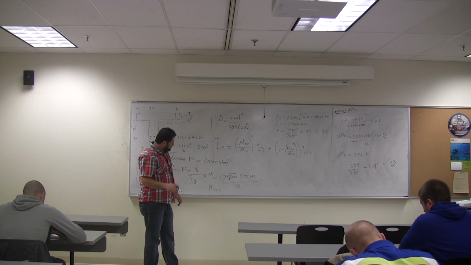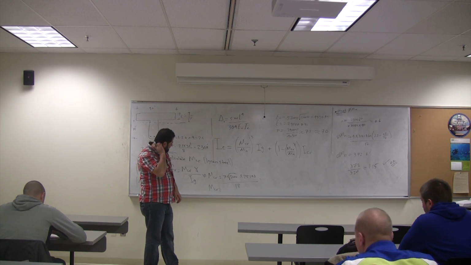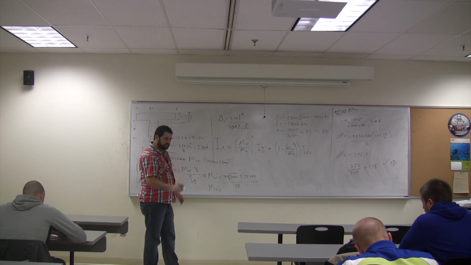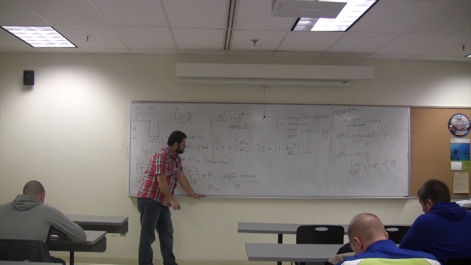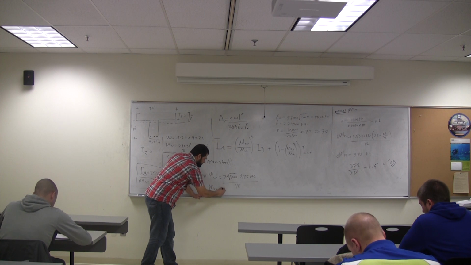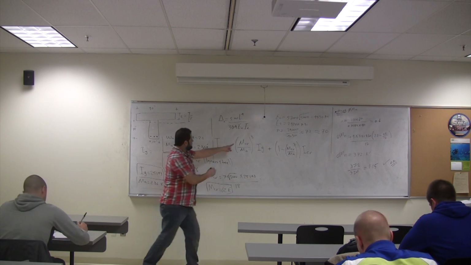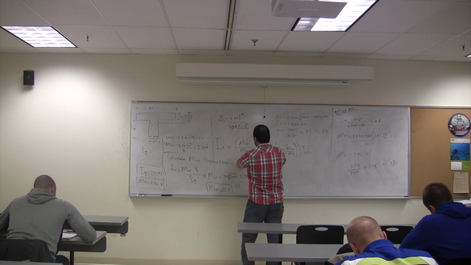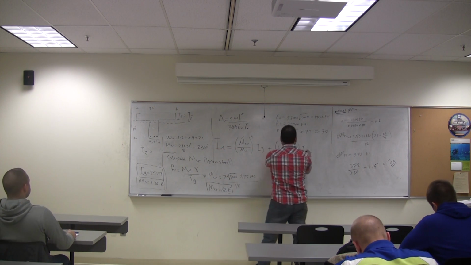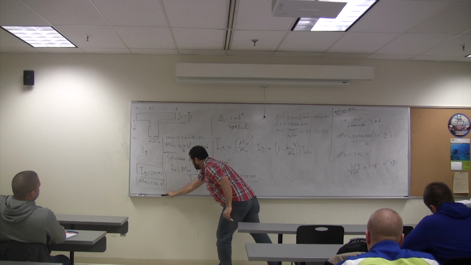Oh, the number is confusing for you, right? Conversion. Divide by 12,000. 62, good number. So I have this guy. I have this. The only thing left is I crack.